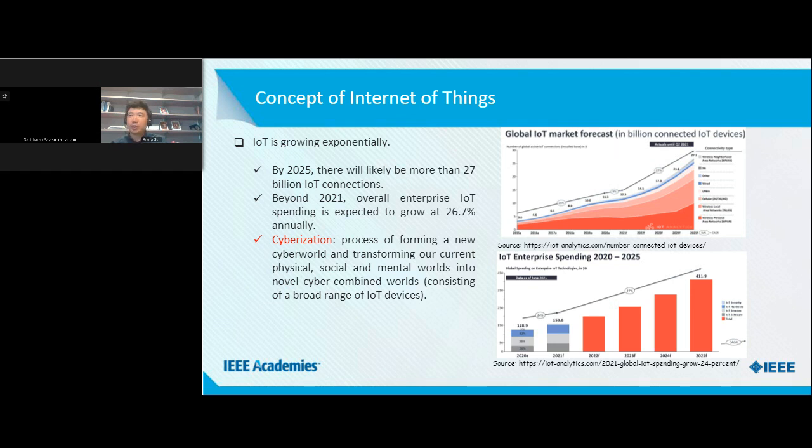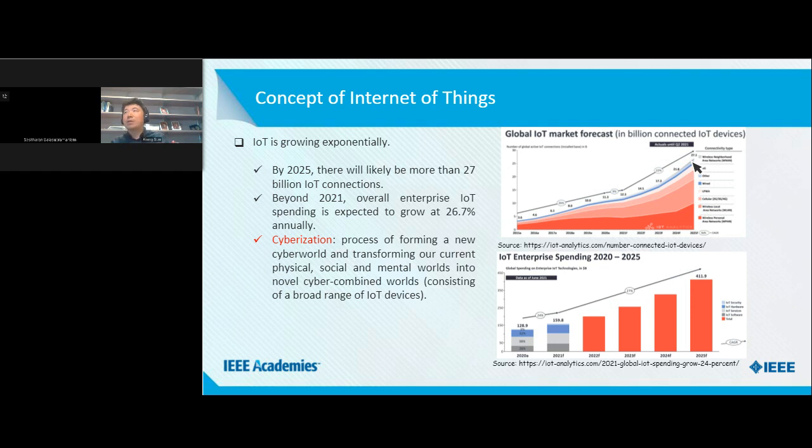Despite the chip shortage and the extended COVID-19 impact on the supply chain, the global number of connected IoT devices is expected to grow 9%. Probably you cannot see these numbers very clearly, but the growth is around 9% from 2020 to 2021. Also, by 2025, there could likely be more than 27 billion IoT connections.